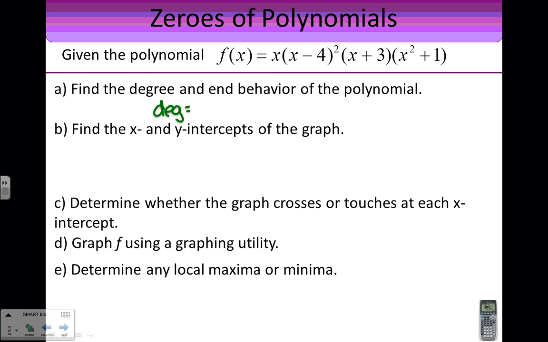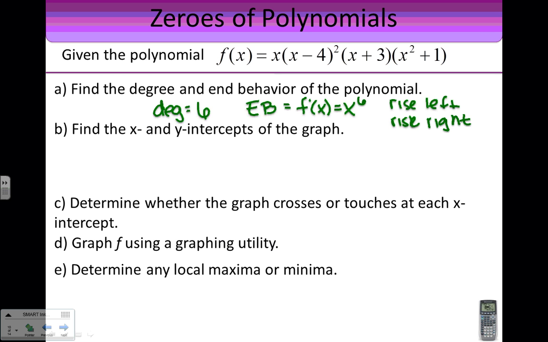So our degree is going to be 6. So our end behavior is going to be the same as f of x equals x to the 6. So the power function that's the same is x to the 6. And our first coefficient is positive, so it's going to rise to the left and rise to the right.